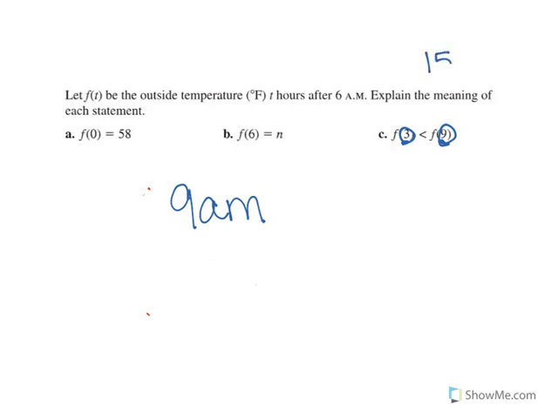So 15 o'clock. And if you don't know how to do this, subtract 12, and that gives you 1 p.m. I'm sorry, 3 p.m., if you don't know how to go from military time to not military time. So it means that 9 a.m.'s temperature is less than the 3 p.m. temperature, which makes sense, right?